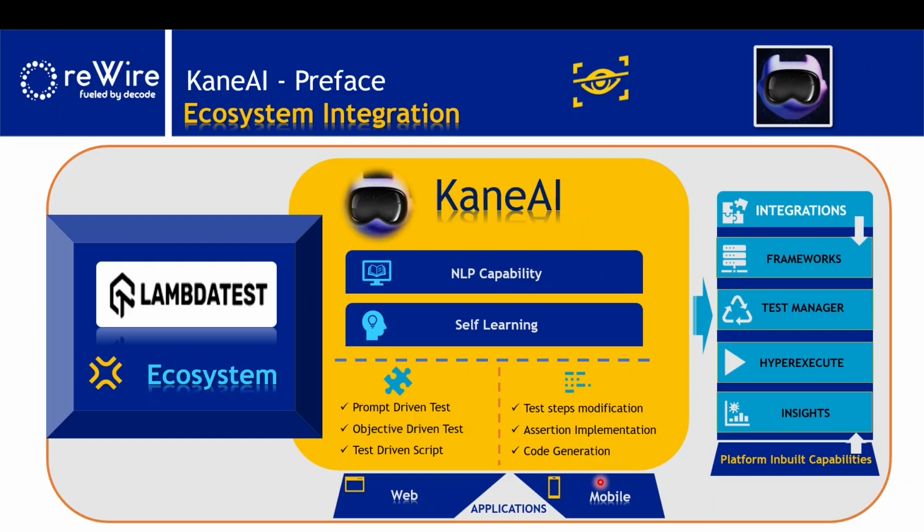Okay, so that's a brief introduction about KaneAI, and I'll show you how exactly we can access it from the LambdaTest ecosystem and how we can move forward. Let's switch over to the platform.